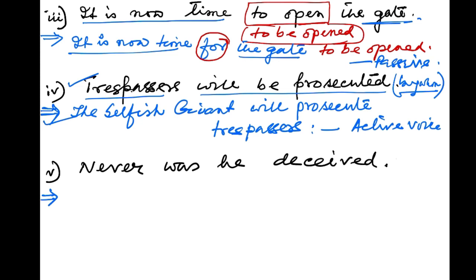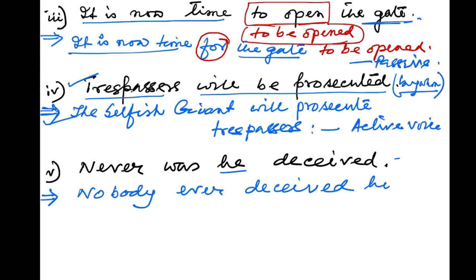Okay. Now come to the last sentence. Never was he deceived. Here also the subject is missing. So never, not ever. You can use nobody: nobody ever deceived him. This is active.